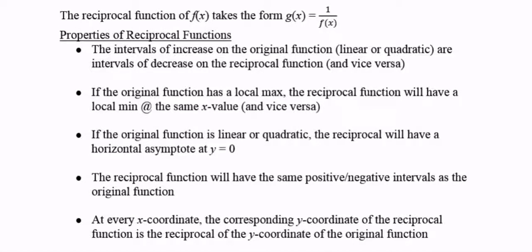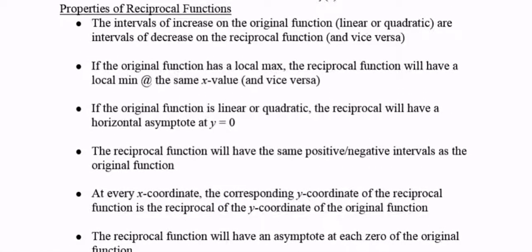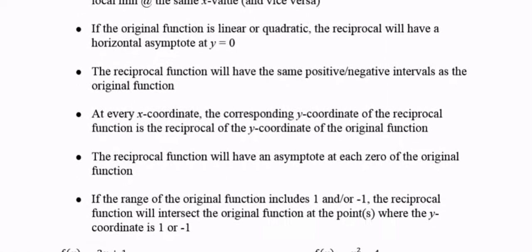And you remember what that is, of course. The reciprocal function will always have the same positive negative intervals as the original function. So where it said here the intervals of increase or decrease are different for the original and the reciprocal, it's not the same for the positive and negative intervals. It's the opposite. Okay, at every x-coordinate, the corresponding y-coordinate of the reciprocal function is the reciprocal of the y-coordinate of the original function.